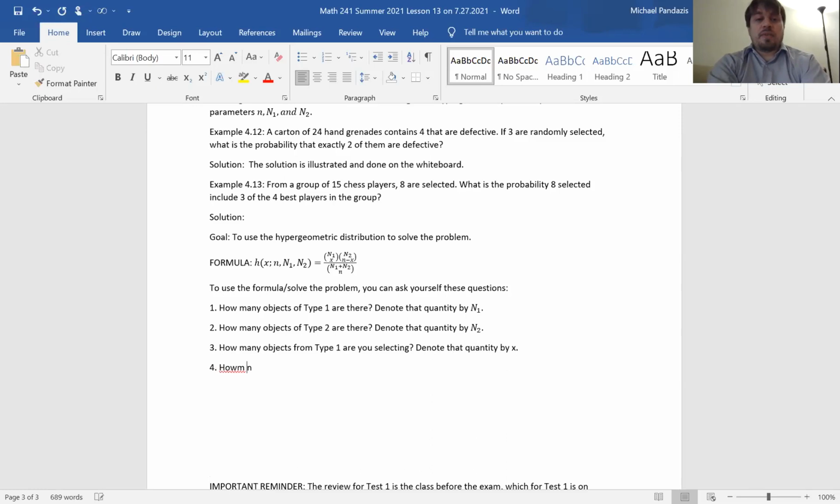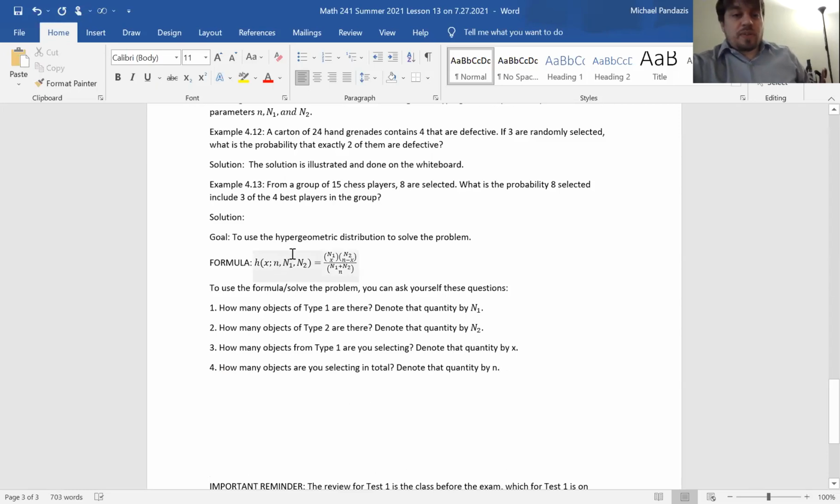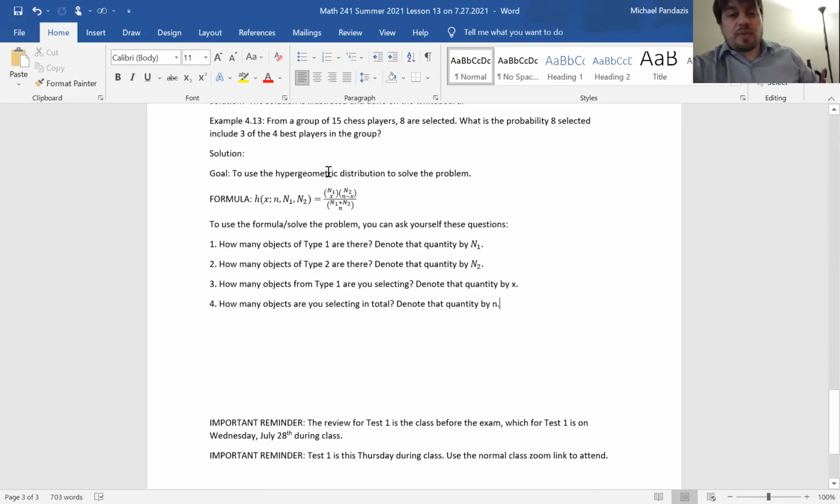Or, how many objects are you selecting in total? Denote that quantity by little n. Okay, so you see that this formula uses these four variables: capital N1, capital N2, little x, and little n. And so just ask these four questions to get the corresponding four values, and then you just plug them in into this expression, and you're done.